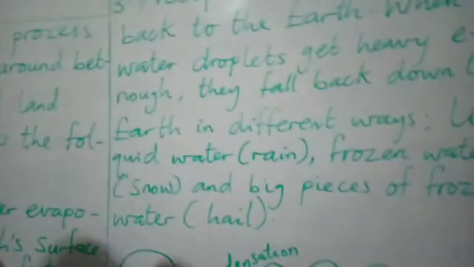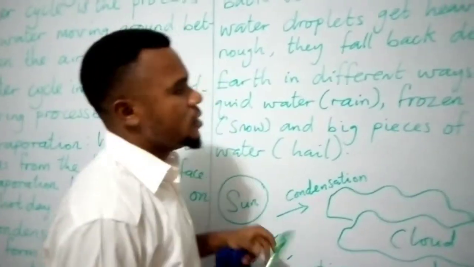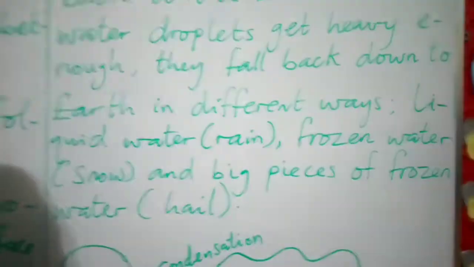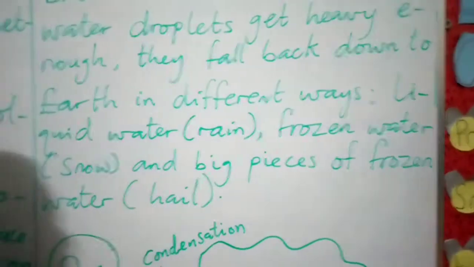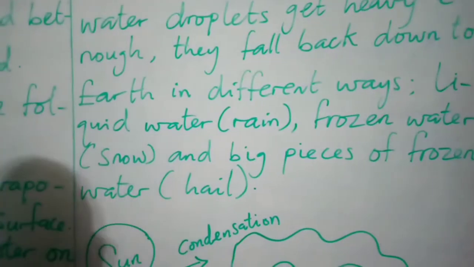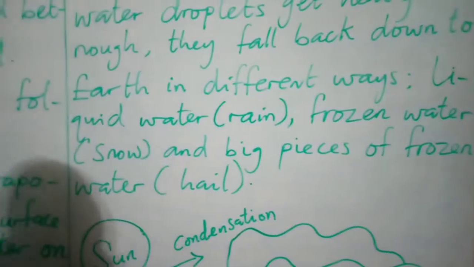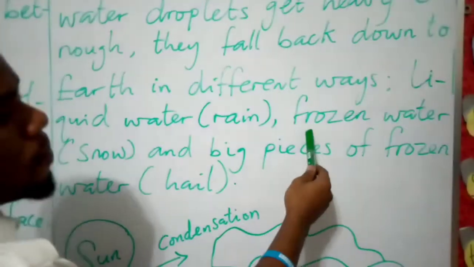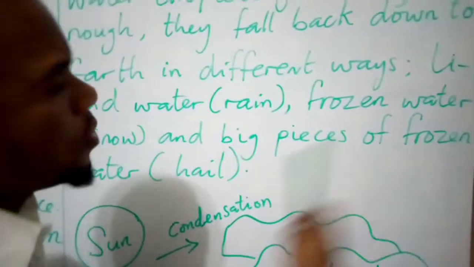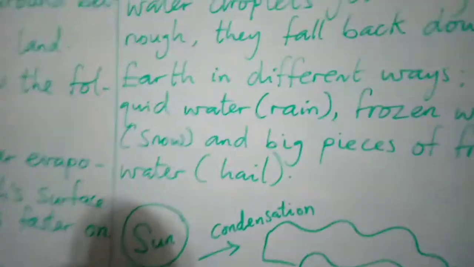Now water can fall back to the earth in different ways. One is called liquid water, which is the rain. You see rain falling always, which is called liquid water. The other way water can touch the earth is through frozen water. We call it snow. You know snow? Yes.